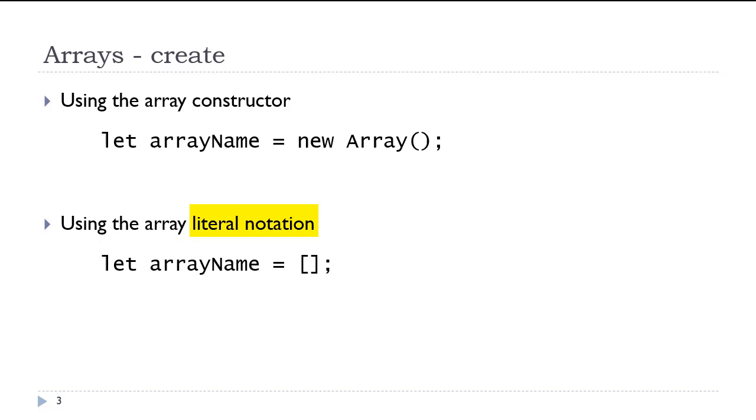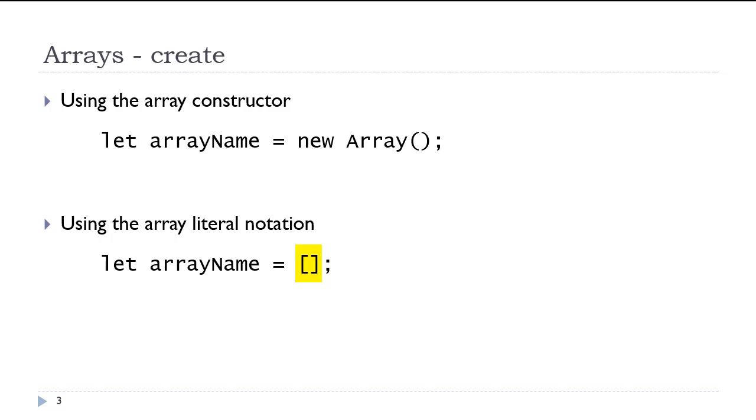We can also create an array using what is called literal notation. This is much simpler. Here we have the let keyword followed by the variable name. And on the right-hand side of the assignment operator, we have two square brackets, or straight braces.